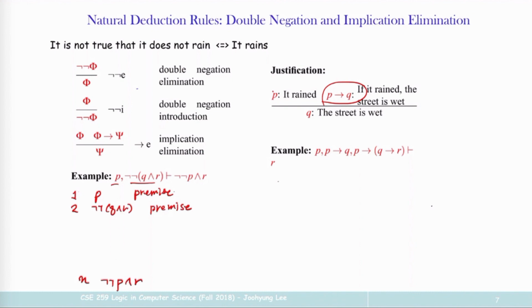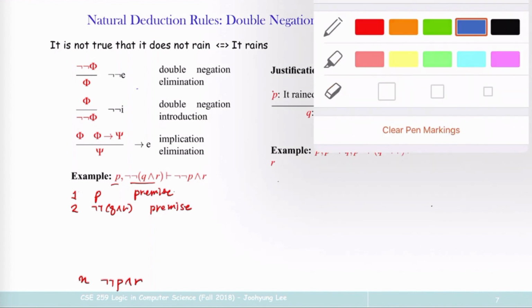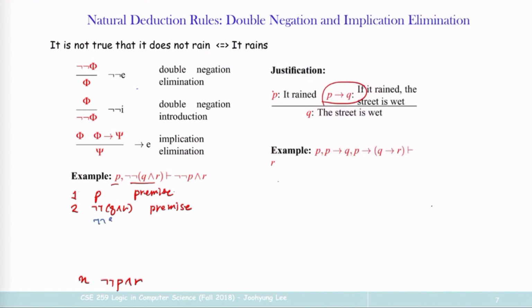But then let's actually think about it. What is the next step that we can do? Not Q and not R can be derived. Is that what we're trying to do next? Not sure how we can derive not Q. So you are saying that maybe we can derive not Q and not R here, right?